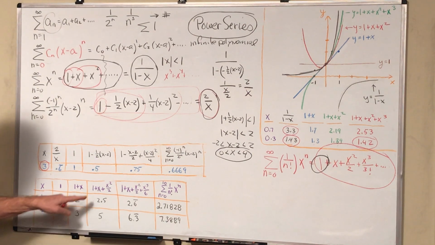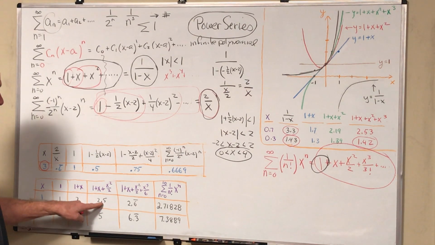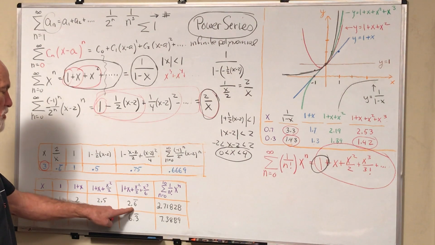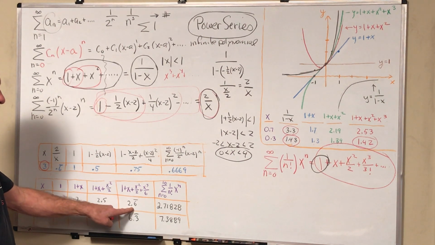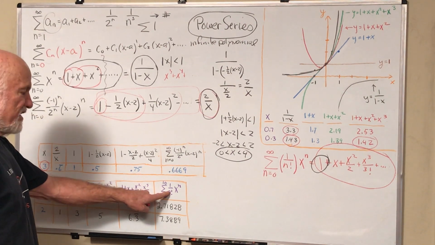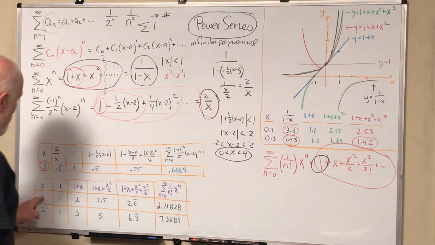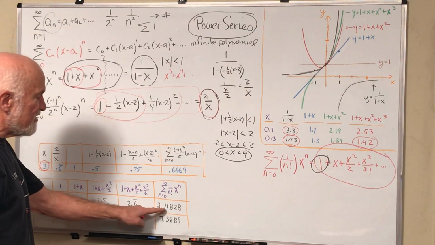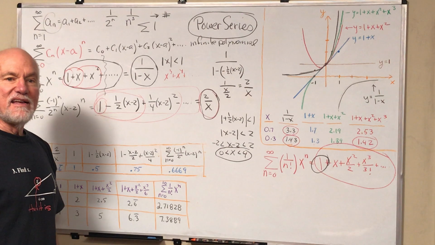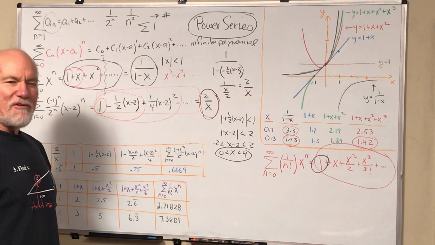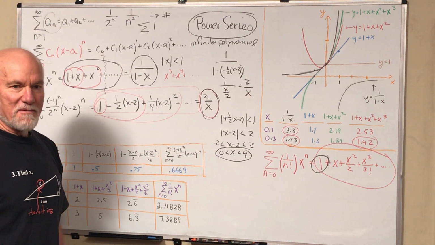When I used 3 terms, I got 2.5. 4 terms, I got 2.6 repeating. And when I did 11 terms, when I plugged 1 in for x, I got 2.71828, which sounded kind of familiar to me.